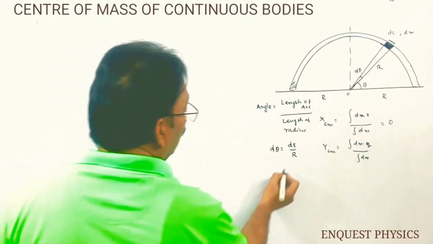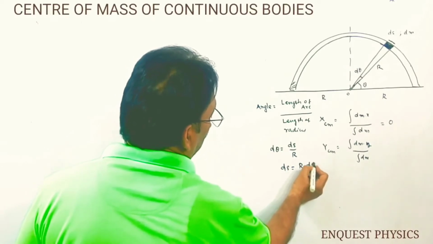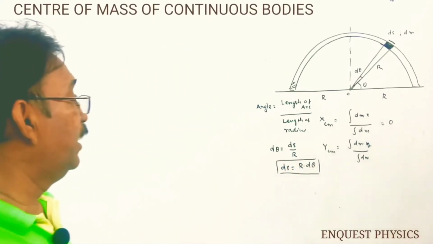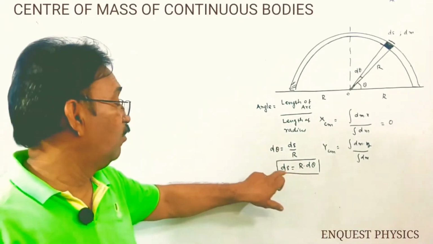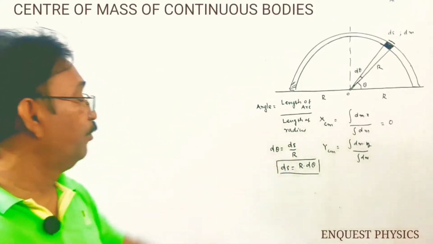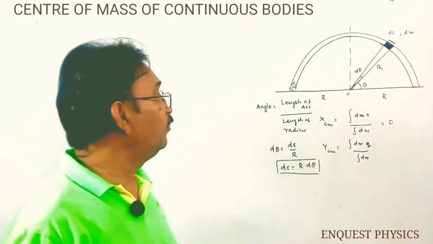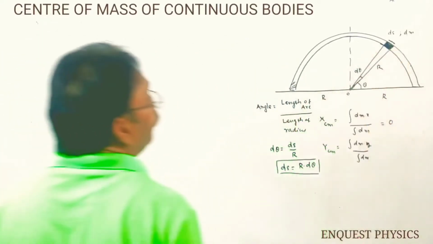Okay students, then you can write ds is equal to r d theta. We related the radius, d theta, and the length of the strip as ds is equal to r d theta.